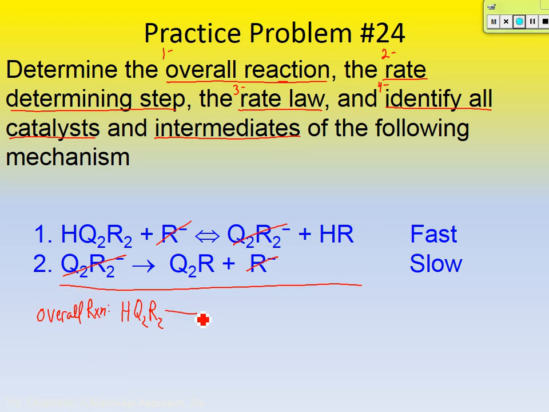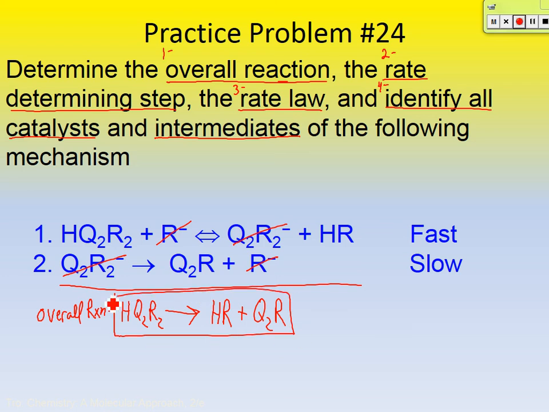Now let's go to the product side. Looks like I have HR, and we also have some Q2R left. Okay, so there's my overall reaction. That's your answer for number 1.